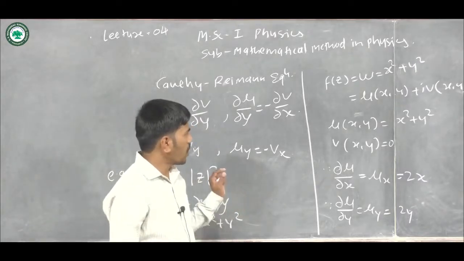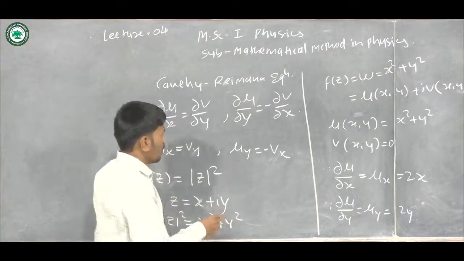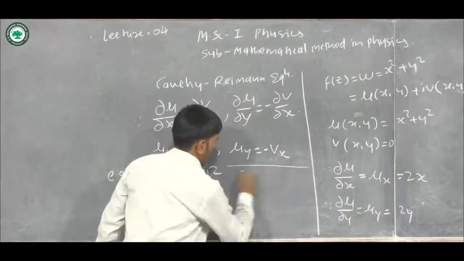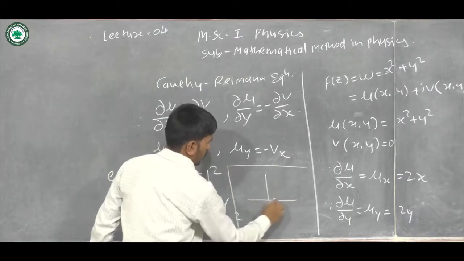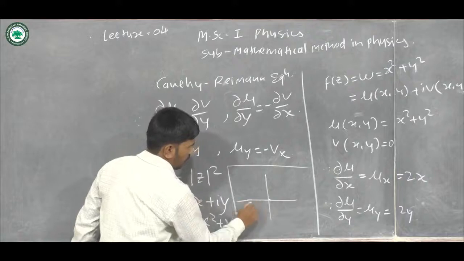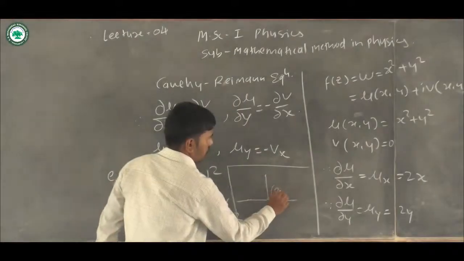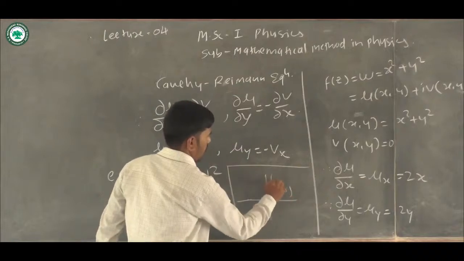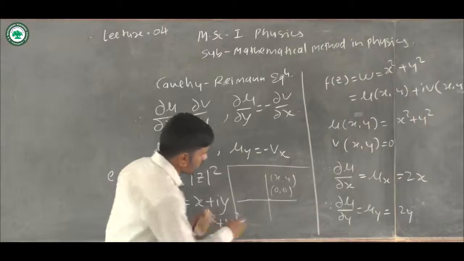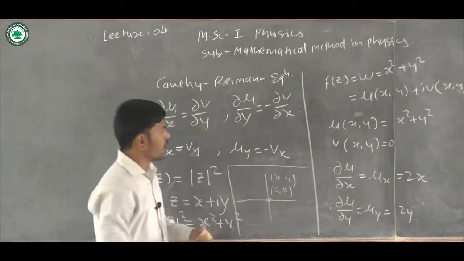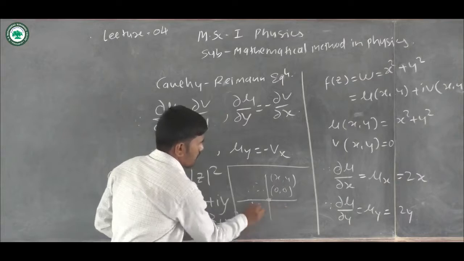The condition is what we already discussed as the second property. At the origin, x equal to 0 and y equal to 0, this function is differentiable, but at any other point it is not differentiable.